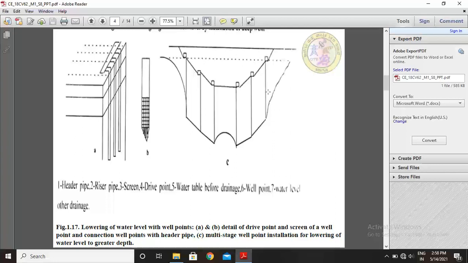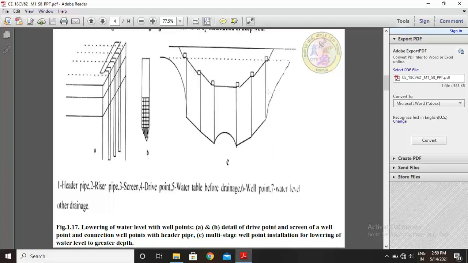When construction operations have to be executed below the groundwater level, it is desirable to temporarily lower the water table so that work can proceed in relatively dry conditions. Dewatering of soil can be done by the following methods: deep wells, well point systems, and multi-stage well point installation systems.